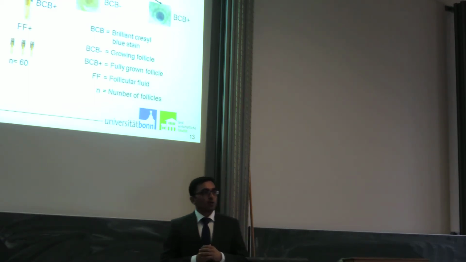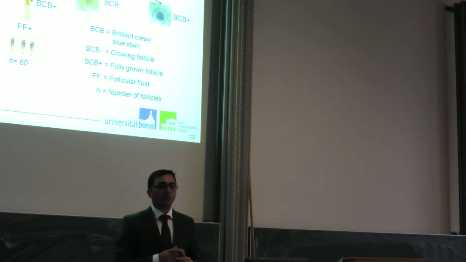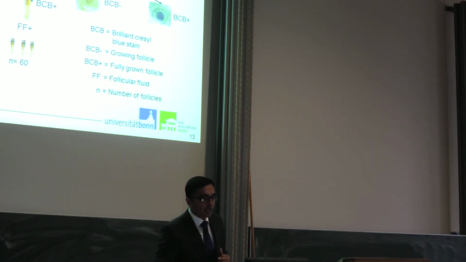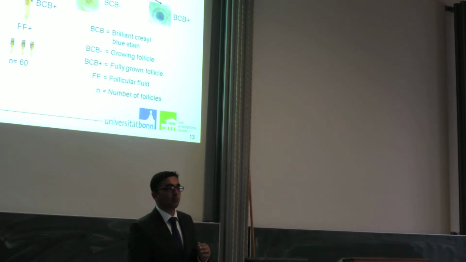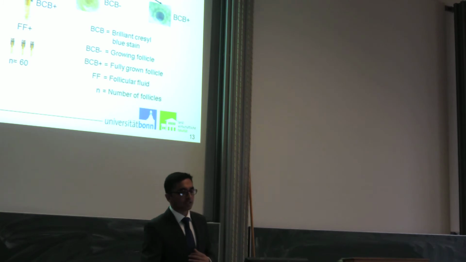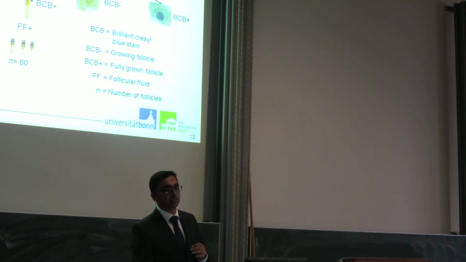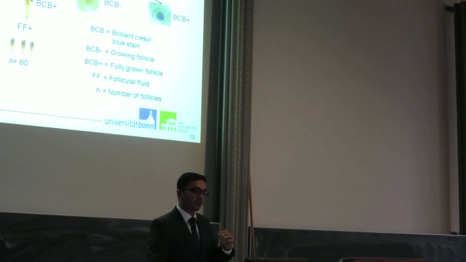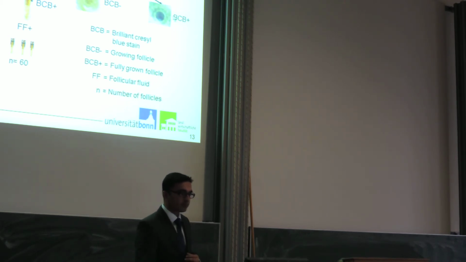Ovaries were collected from the local slaughterhouse irrespective of estrous cycle or presence or absence of corpus luteum. On average, 4 to 8 millimeter follicles were dissected and the oocytes were retrieved. The oocytes were subjected to brilliant cresyl blue staining to identify and categorize them as a growing oocyte or a fully grown oocyte.